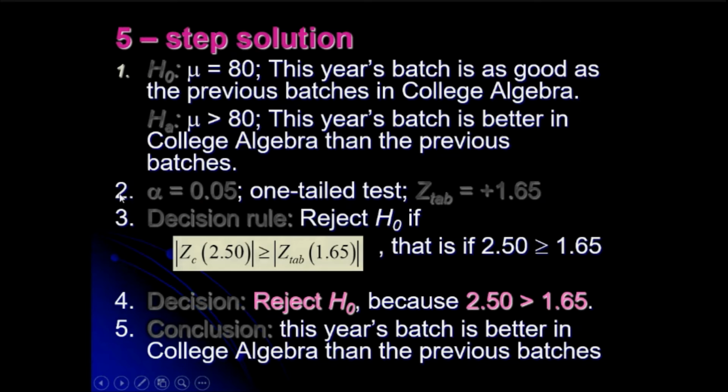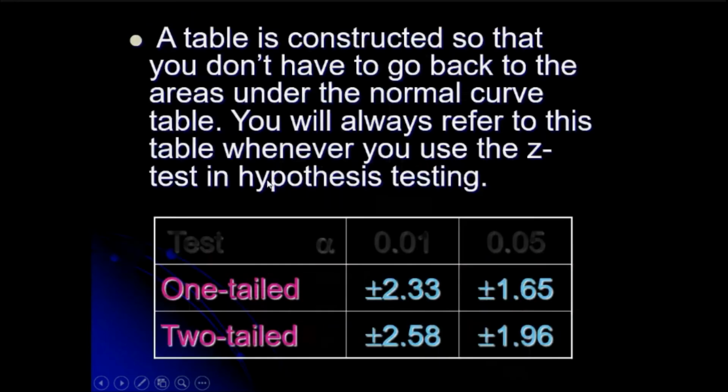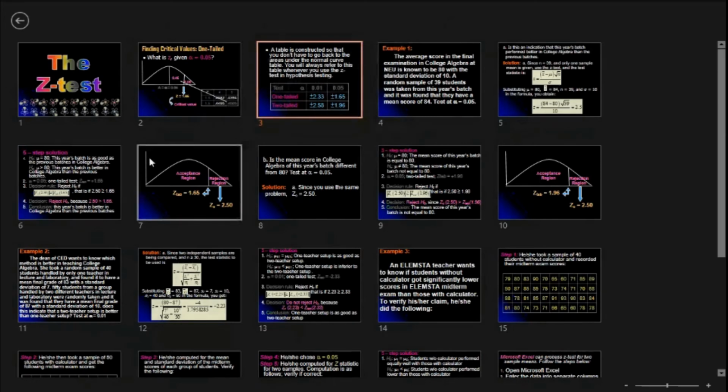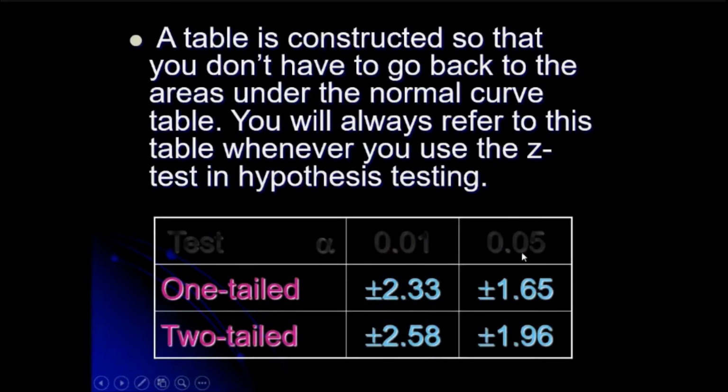Now, our alpha is 0.05 and we all know that it is one-tailed. So going back to the table, alpha mo is, ano ulit yan? Your 0.05. Alpha is 0.05 and it is one-tailed.